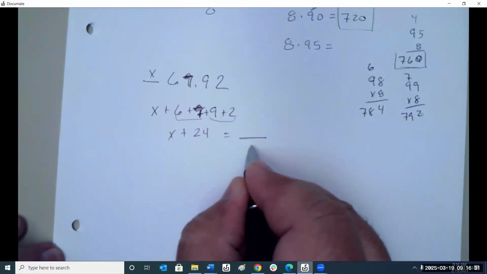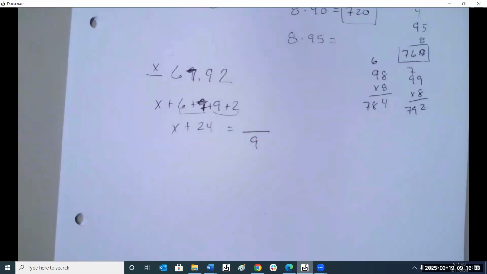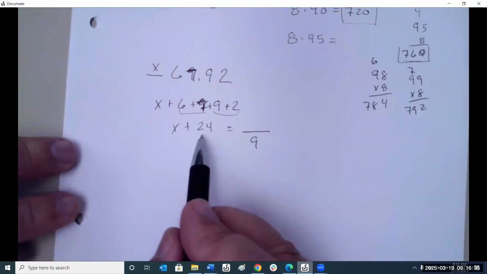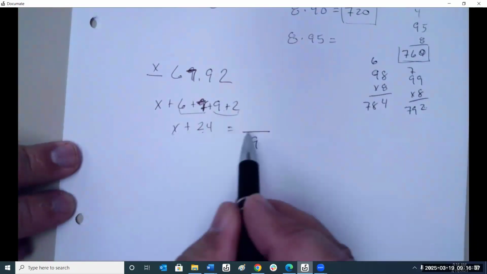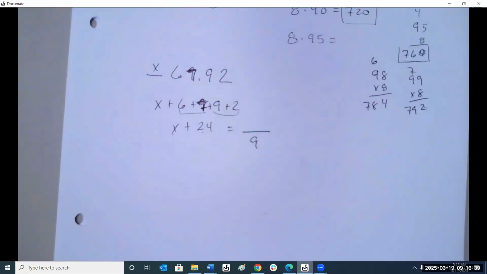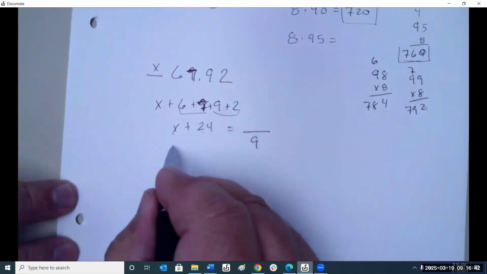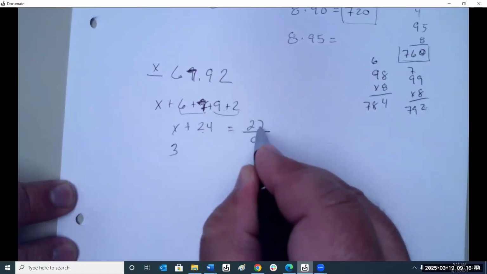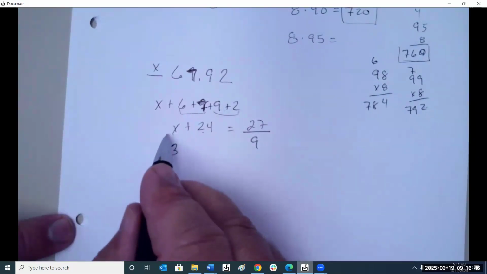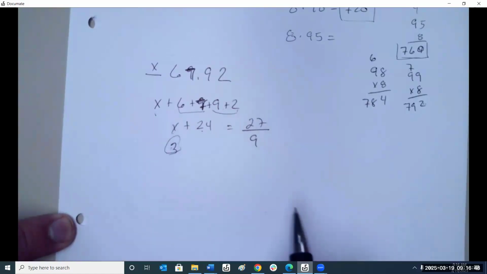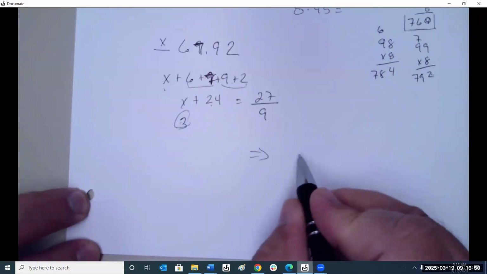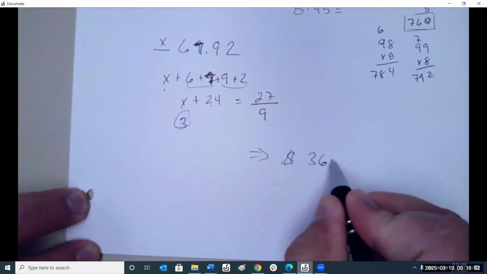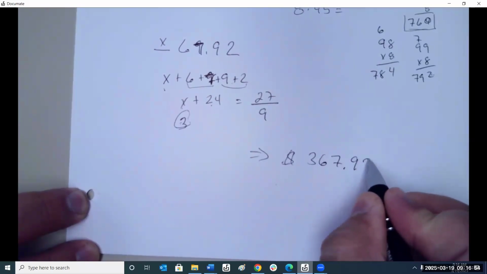Whatever this number is has to be divisible by 9. So what does x have to be for a number that's divisible by 9? 3. We know that 27 divided by 9. So the first number has to be a 3. So our answer is 367.92.